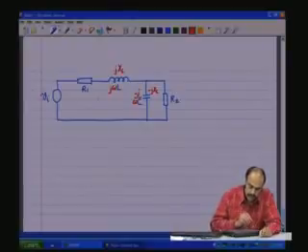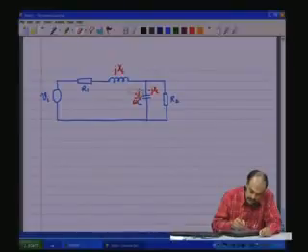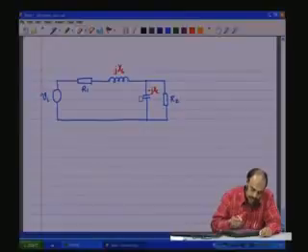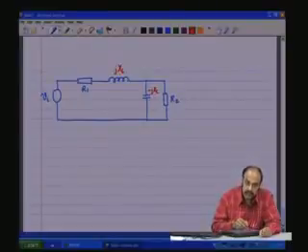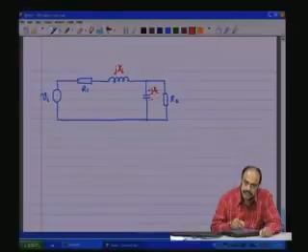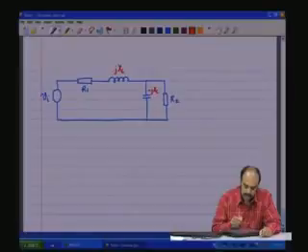Now, you can just make all the analysis with just these variables on your circuit. So, you have VI the voltage source, R1 is the resistance, jXL is the inductive reactance, minus jXC is the capacitive reactance, R2 is the resistance which is connected across the output.